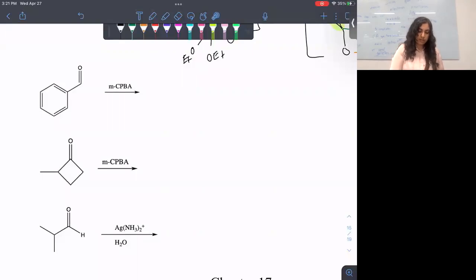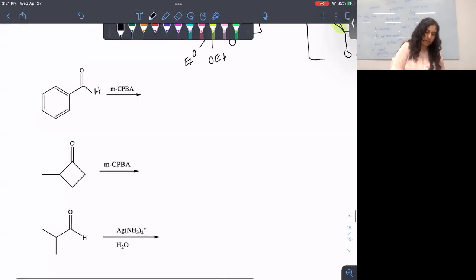So what mCPBA does is that it inserts an oxygen in between the carbonyl carbon and something else that's next to it. So in this case, we have a hydrogen and then a phenyl. So the mCPBA is going to insert an oxygen between either the hydrogen or the phenyl. So you have to decide which side it's going to insert on.